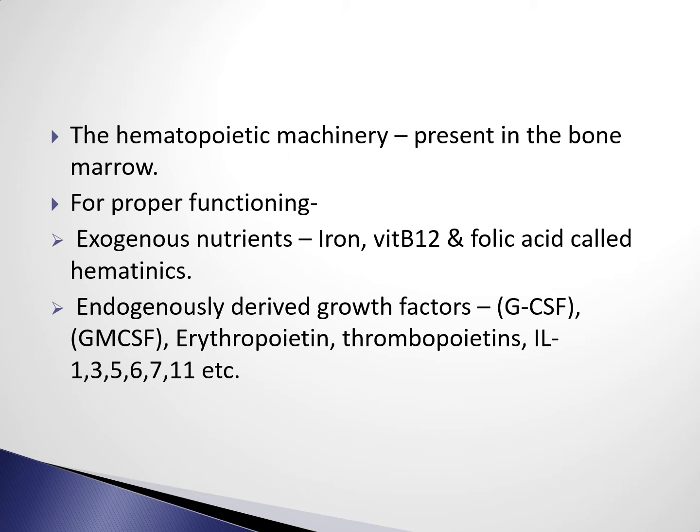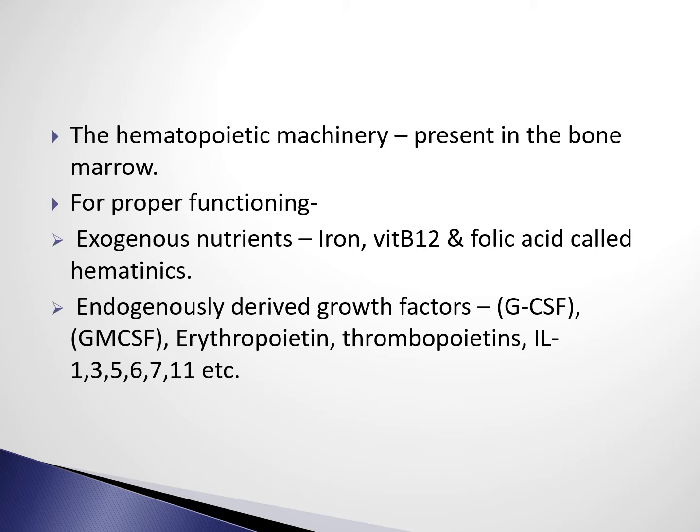The exogenous nutrients, which are to be supplied from extrinsic sources, that is from external sources, are iron, vitamin B12, and folic acid, and these are called hematinics. So whenever there is anemia, you give these hematinics as a supplement.